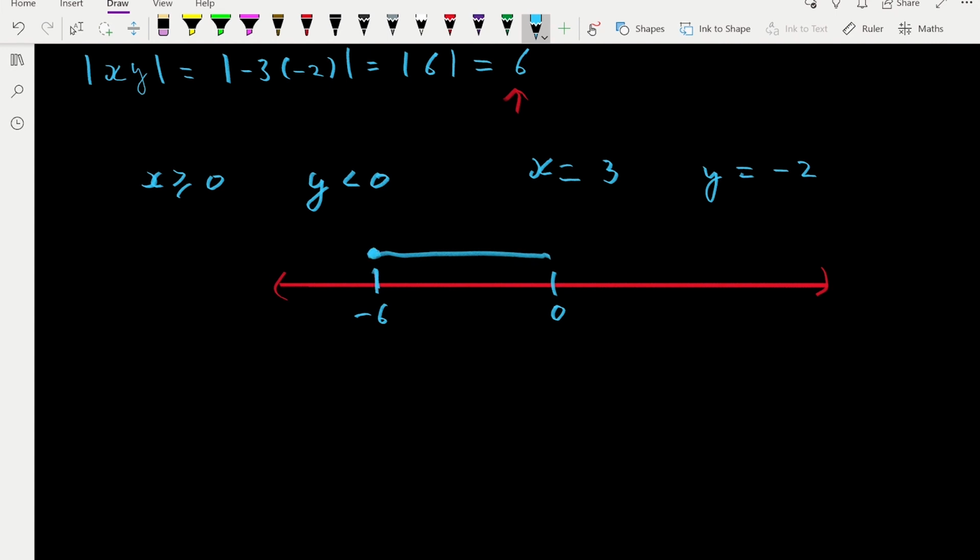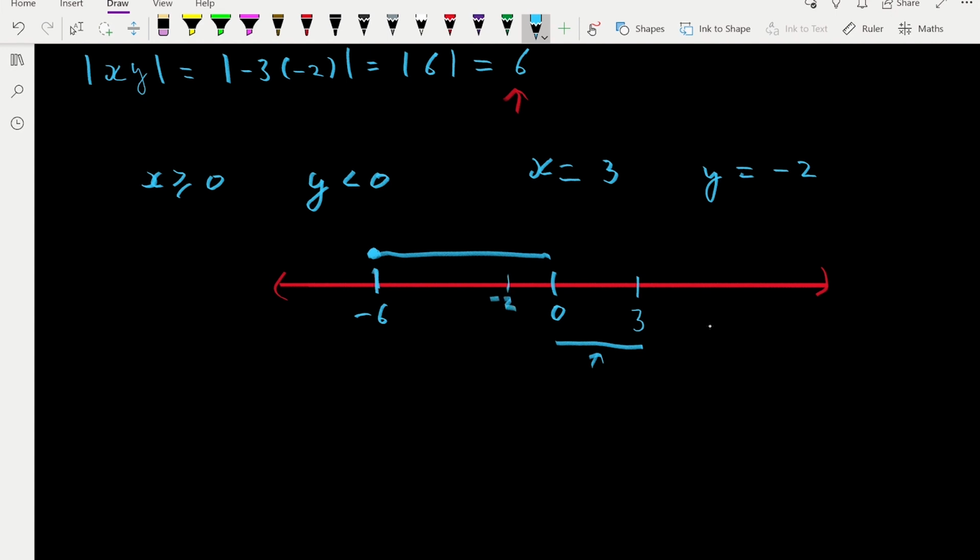Our answer would be that it's 6 units away from 0. Or whether what we did first was see how far away 3 is from 0, how far this line extends away from 0, and then did the same thing with -2.